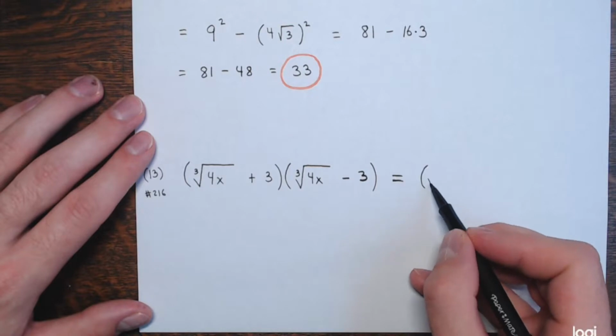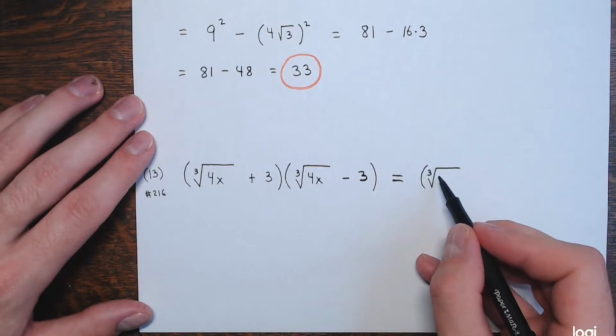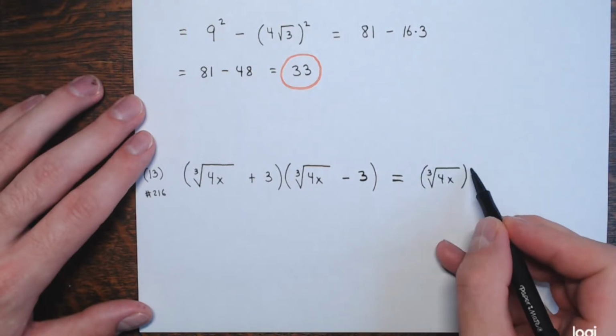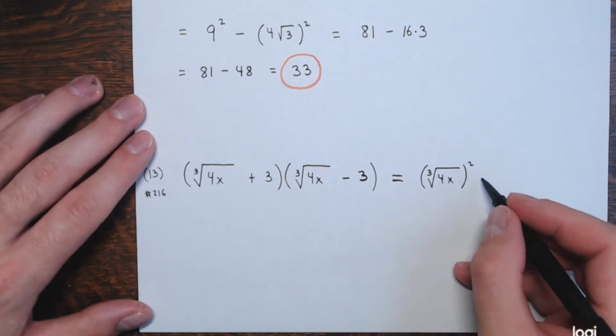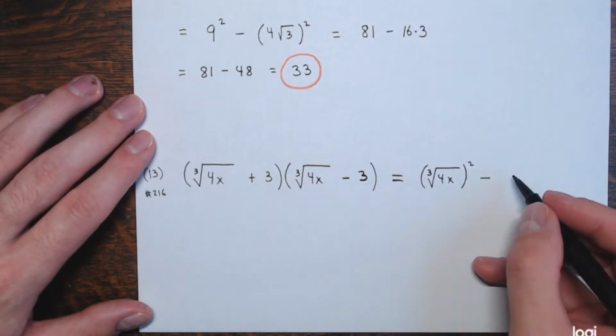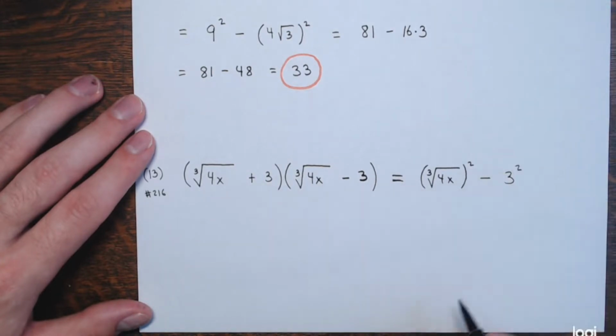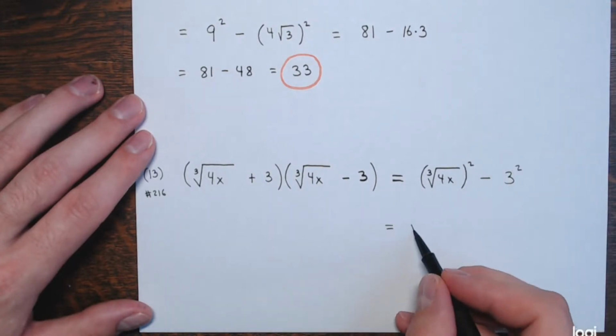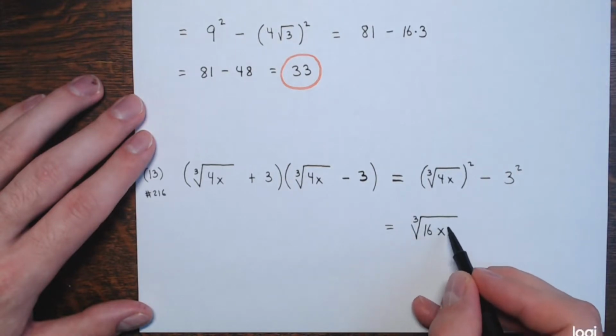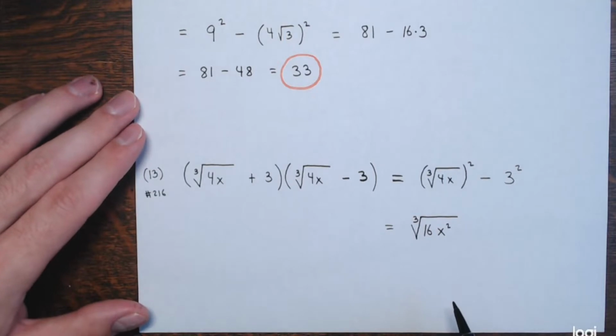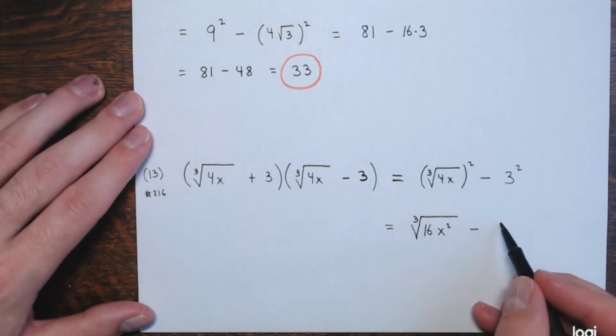The cube root of 4x squared minus 3 squared. So this is the cube root of 16x squared, minus, and then 3 squared is 9.